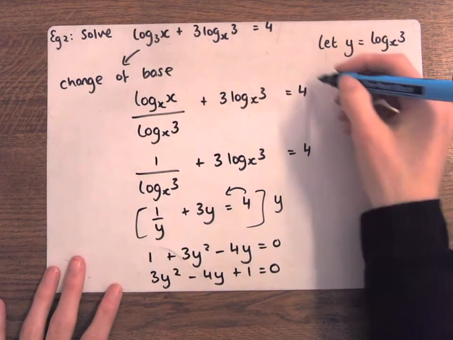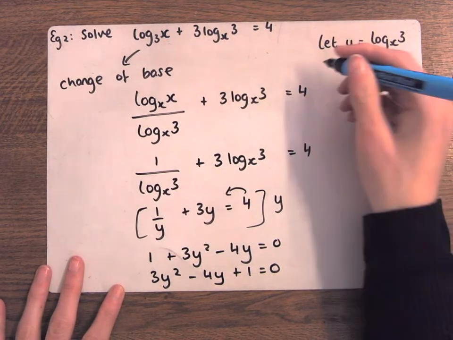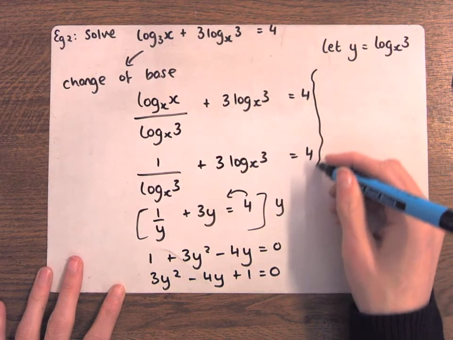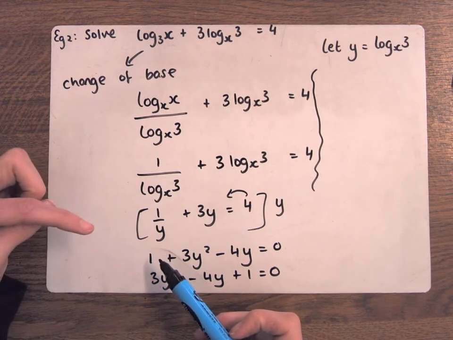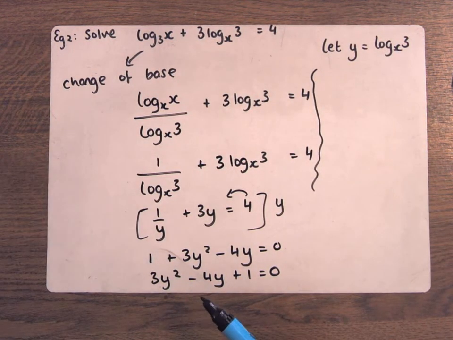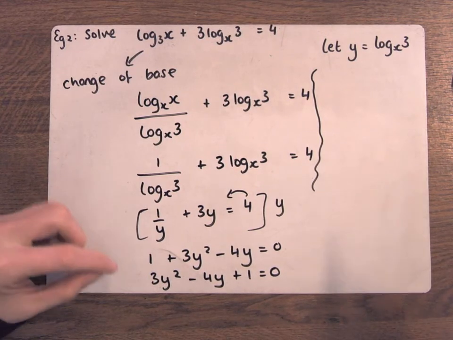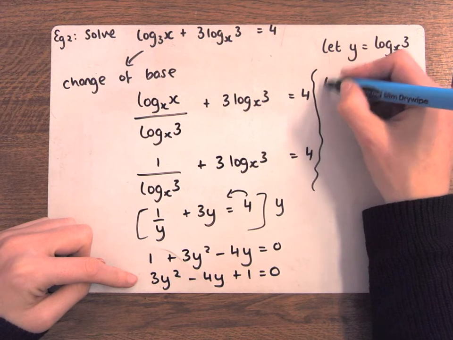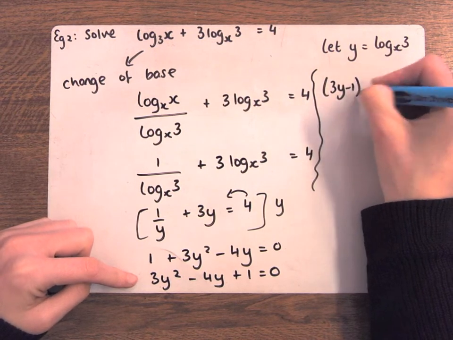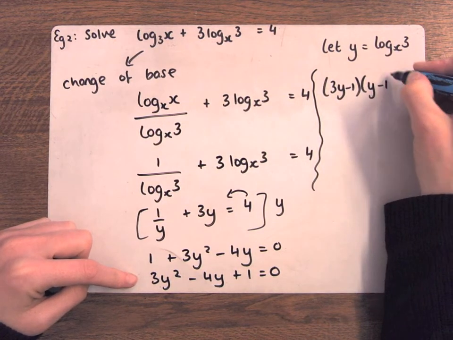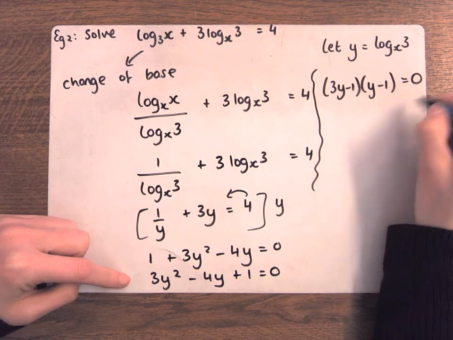Because I have a y on the bottom line. If I had a 6 on the bottom line, I'd multiply everything by 6. Okay, so my factors, 3y minus 1 and y minus 1 is 0.